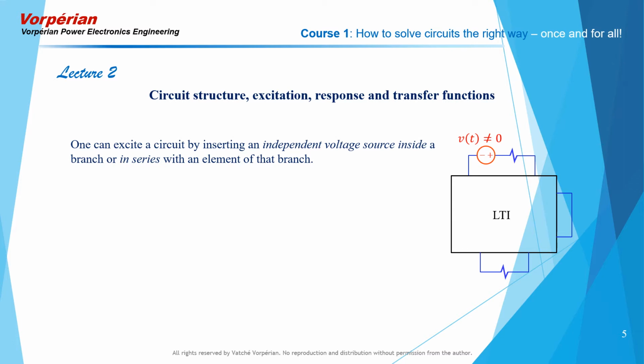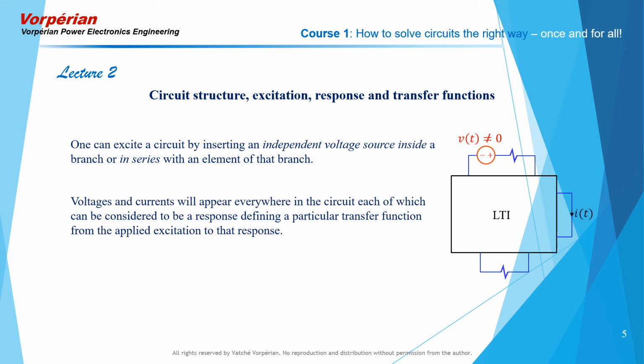When we do that, voltages and currents appear everywhere in the circuit, and we say the circuit is no longer at rest. Each of these voltages and currents can be considered to be a response defining a particular transfer function from the applied excitation to that response.